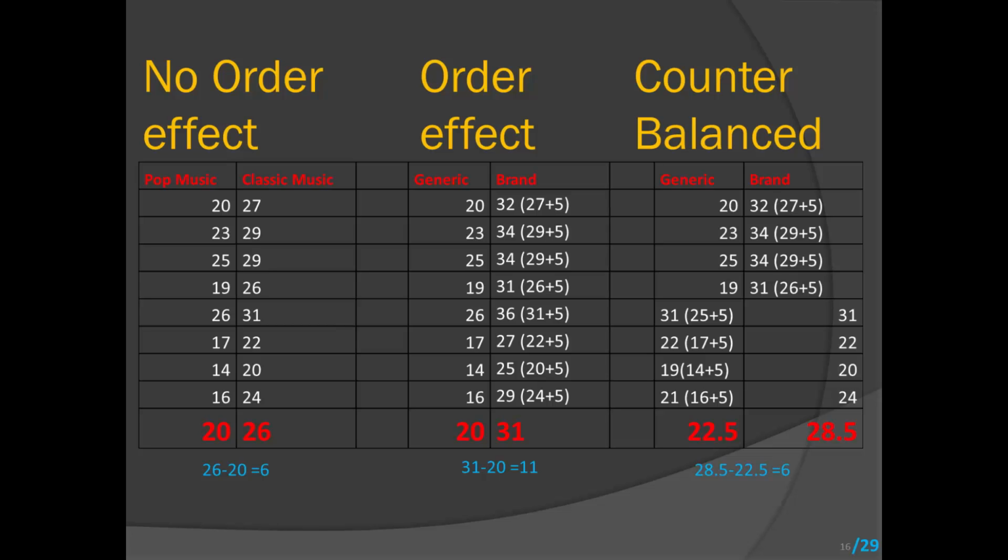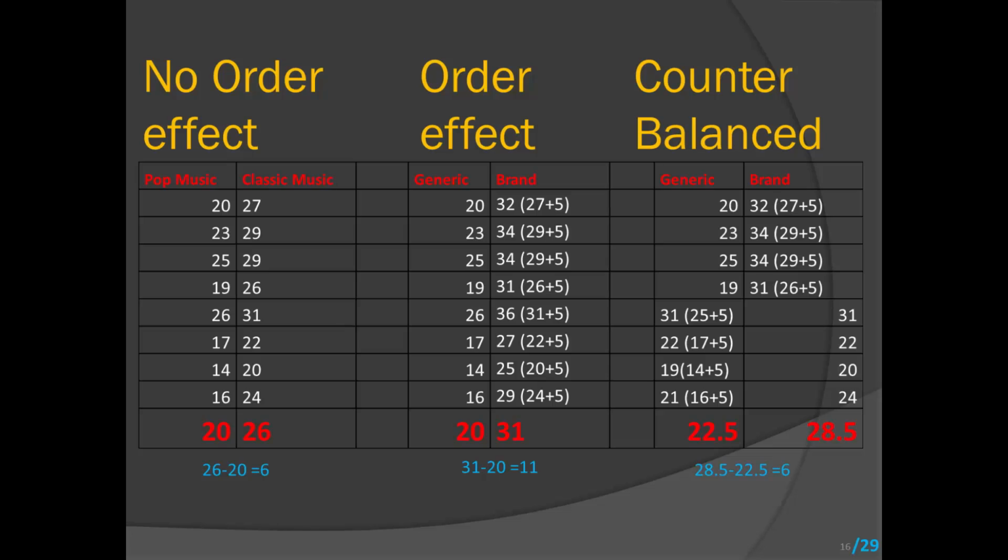However, if you give your participants a generic medicine and then later you give them a brand name type of the same medicine, and there is a reason that there is a 5-point carryover or order effect for all participants, then we can use counterbalancing to avoid the carryover effect.